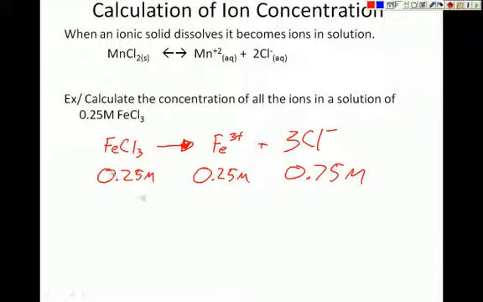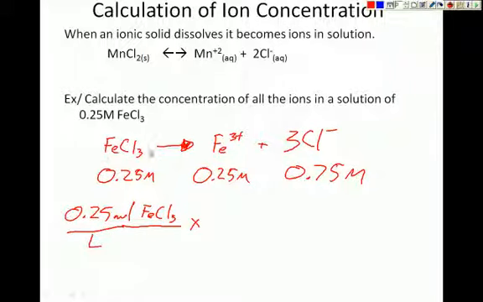Okay, and this is just fine doing a calculation like this. That is completely fine. If you really wanted to see how it works, you could do the stoichiometry calculation on this and go, well, 0.25 moles per liter of FeCl3, and then you would times this.